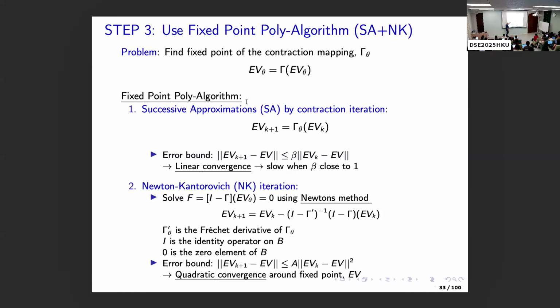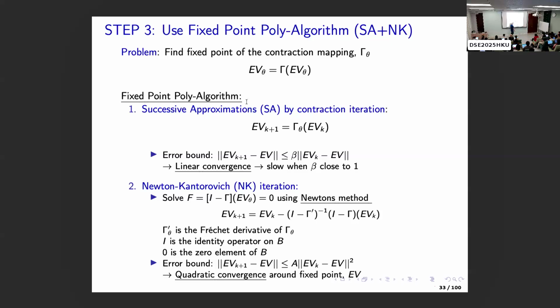So we might actually reformulate the problem here and, instead of finding the fixed point of this operator, we're going to just find the zeros of this slightly modified operator F, which is just taking the Bellman operator and subtracting on both sides, and then you get EV minus the Bellman operator. EV has to be equal to 0.